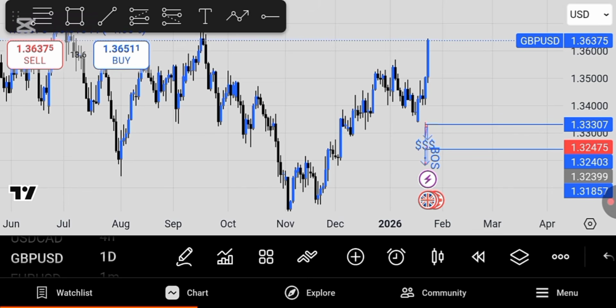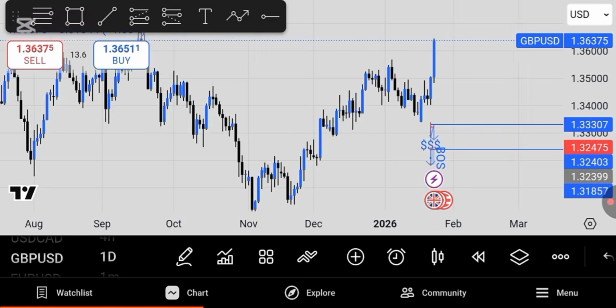We can also trade the pullbacks, and I'll be showing you how to trade the pullbacks. So in the higher time frame, all we need to do on the daily, weekly is to mark our rejection blocks and other blocks, and go down to the lower time frame.